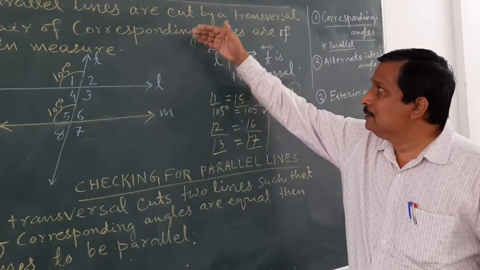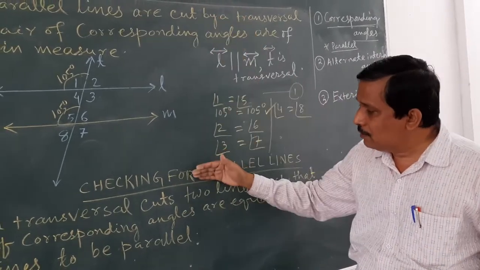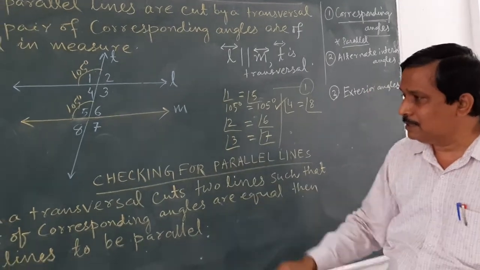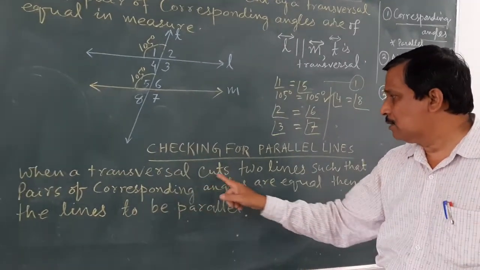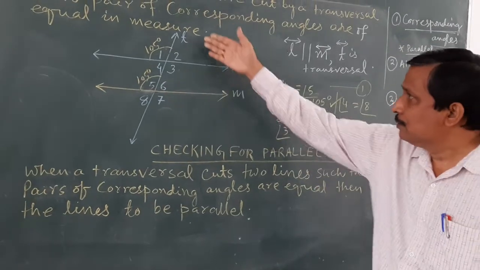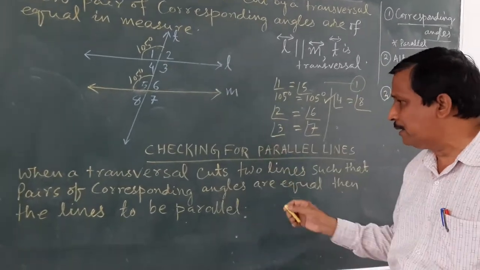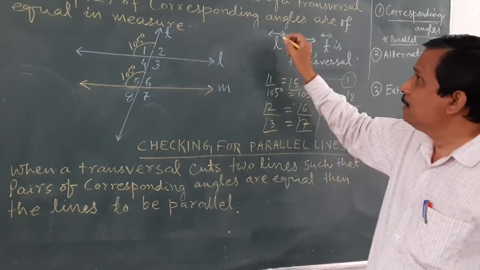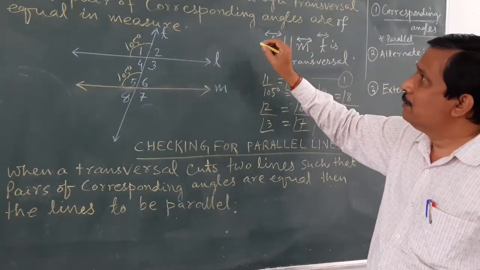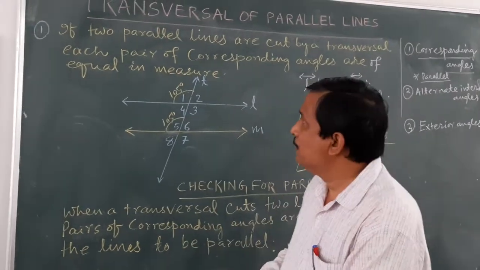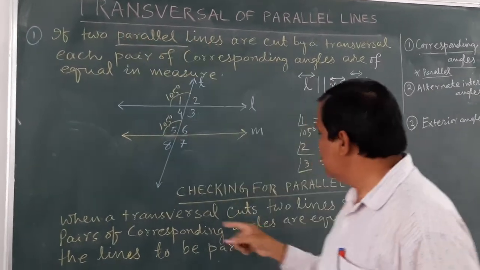Like that, this is the theorem and this is the converse of this theorem. Converse means when a transversal cuts two lines, suppose this is the transversal, two lines, not given parallel. Here it is given parallel, but here it is not given parallel.